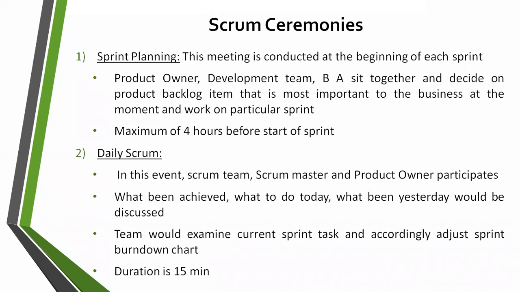It lasts only for a maximum of 15 minutes. Why we follow it is to be transparent. You have to be transparent. That is why we have this daily Scrum.